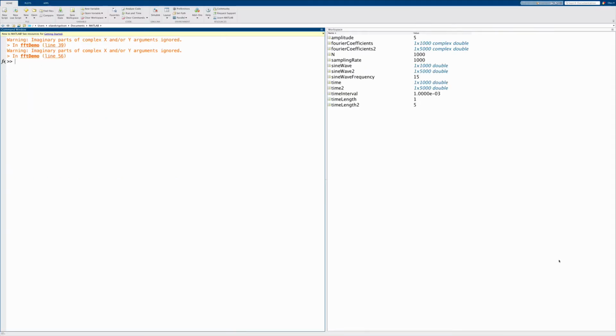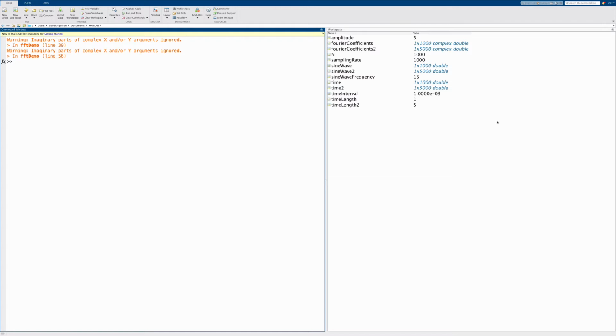Let's first of all look at the MATLAB workspace. What you'll notice is the first waveform does indeed have 1,000 time points. The second one does indeed have 5,000 time points. And if you look at the Fourier coefficients, you'll notice that there's 1,000 and 5,000. So the number of Fourier coefficients, like I stated, is equal to the size of the input waveform.